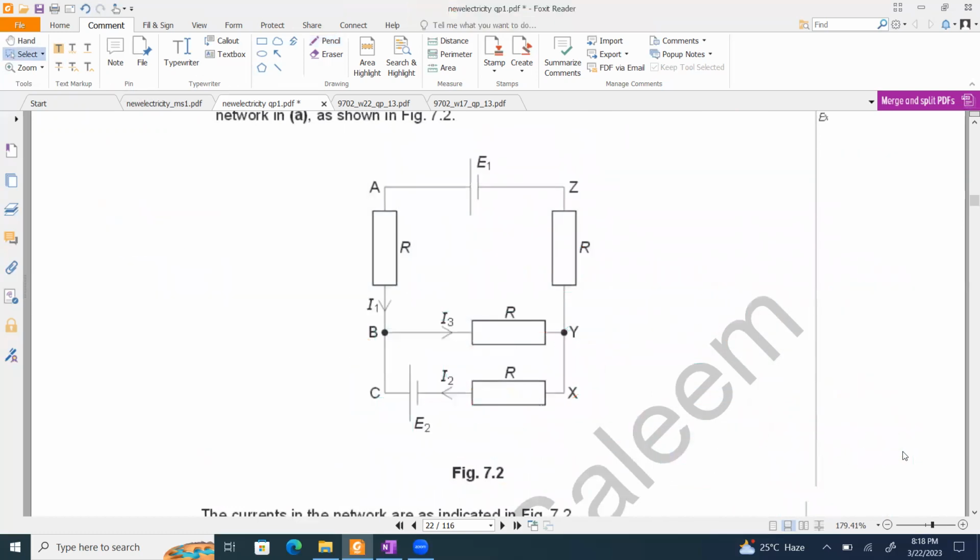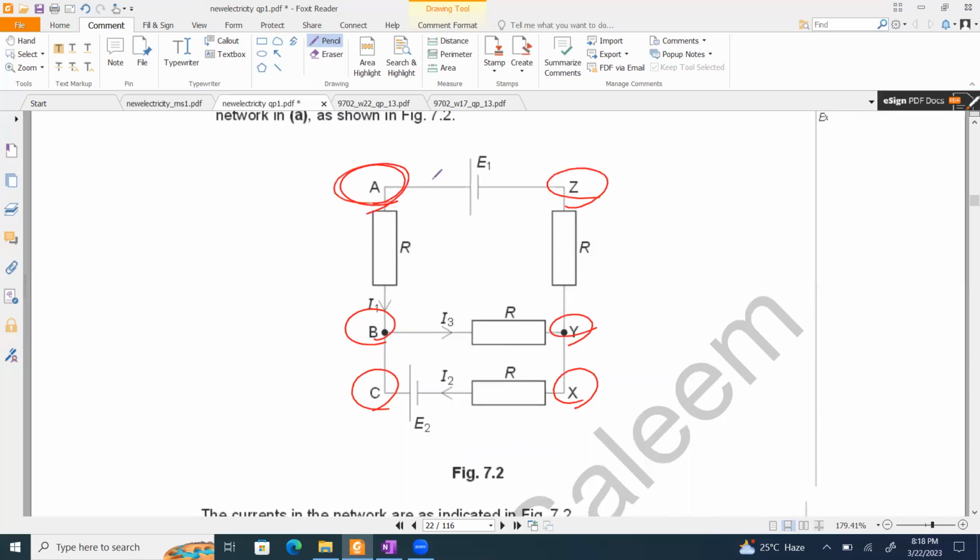They mean to say you have to select this loop and only forget this part.